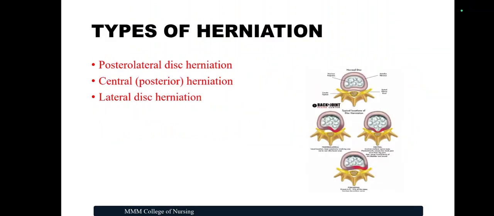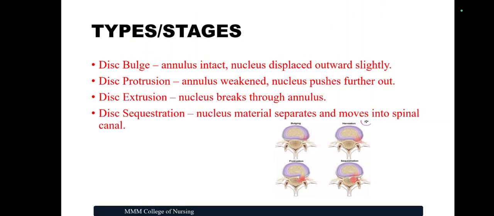So moving on to the types of herniation. First one, posterolateral disc herniation, central herniation, and lateral disc herniation. Types or stages of intervertebral disc prolapse include disc bulge, where the annulus is intact and the nucleus is displaced outward slightly.